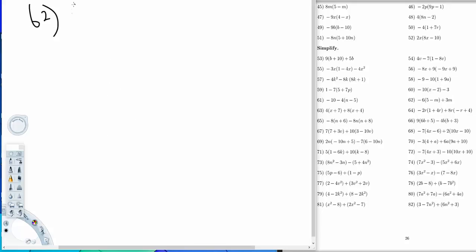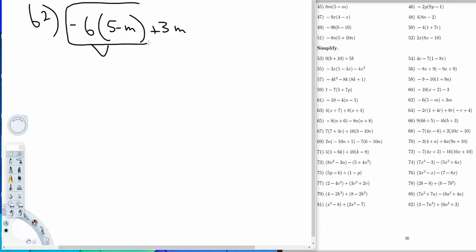6. Plowing forward now. Minus 6 times 5 minus m plus 3m. All right. So first we're going to look at this part right here. So minus 6 times 5, minus 6 times m. So we're going to do that. Minus 30 minus 6 times minus m equals positive 6m.